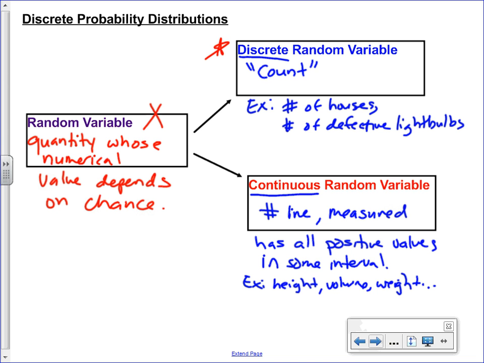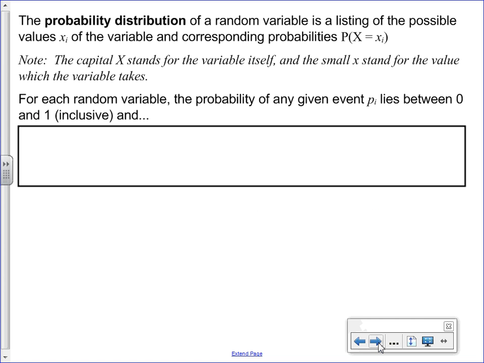So a little bit of new notation. The probability distribution of a random variable is listing all possible values of xi, where x is the discrete random variable, and it can happen so many ways. Like you could buy 1 house, you could buy 5 houses. So x would be the number of houses you would buy, and xi would be all the different possibilities, and then you calculate the probability of all those things happening.